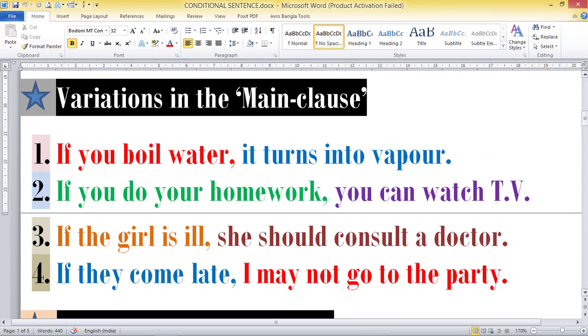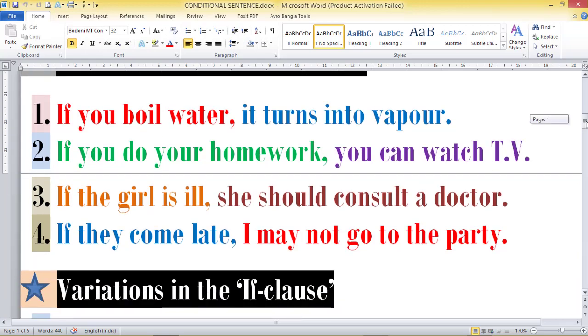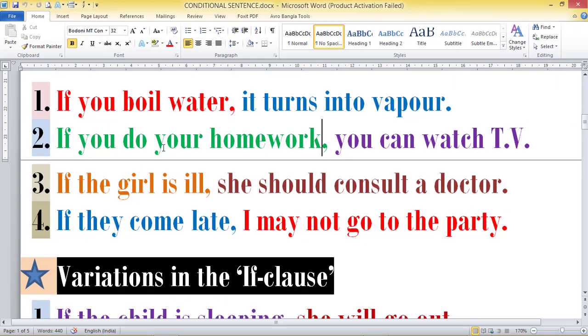Now let's go to the second sentence. The second sentence is: if you do your homework, you can watch TV. So in the main clause, certain variations are possible to express different ideas.